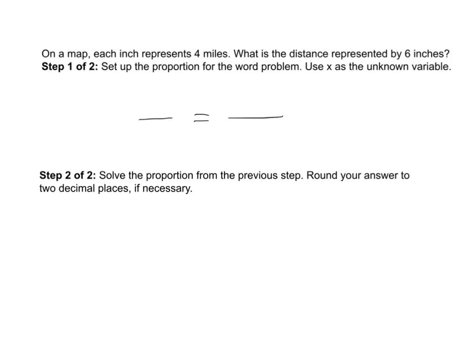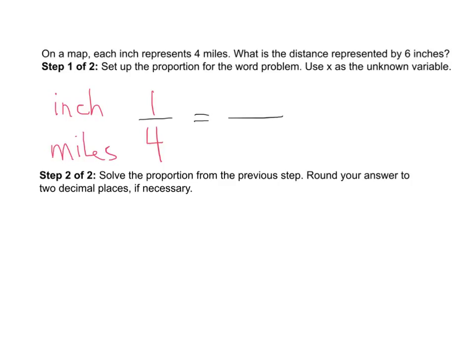So in other words, 1 inch represents 4 miles. We want to start off setting up the proportion like that. On top, the 1 represents inches and the 4 represents miles.